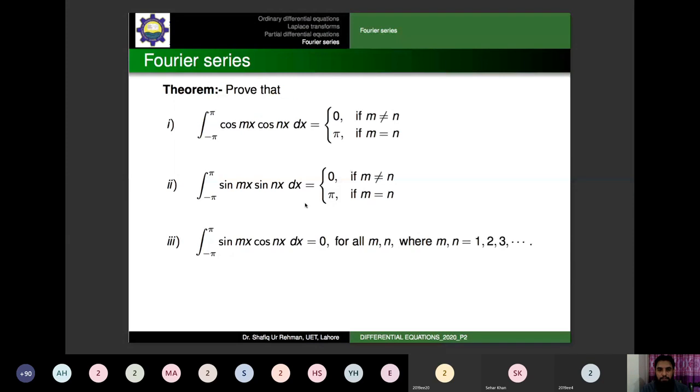Combination of sine and cosine, combination of cosine with two different angles, combination of two sines with two different angles, either take us to 0 or π, depending upon the angle. If the angle is same, meaning m and n are equal to each other, it will take us to π, otherwise it is going to be 0. So no need to calculate over and over again. We can utilize these results.